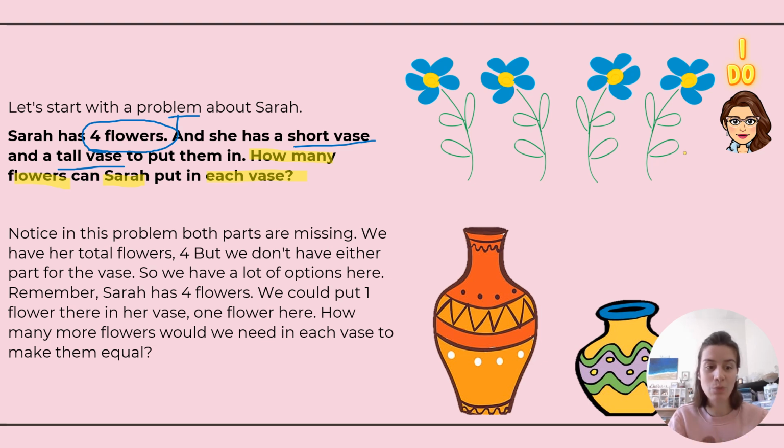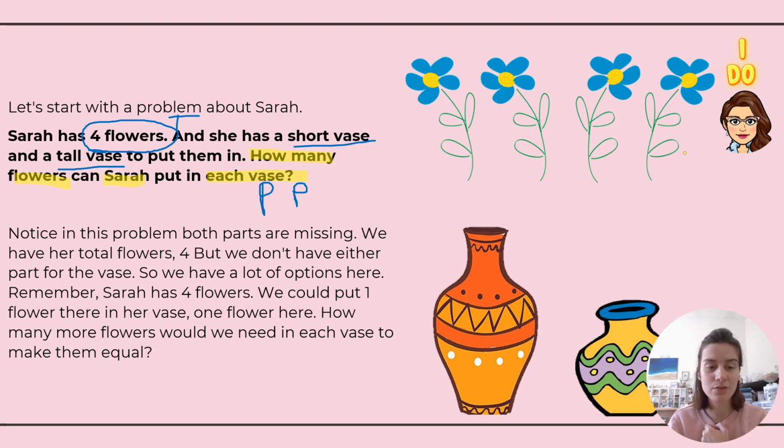But we don't have either part for the vase, but we have a lot of options here. How many flowers can Sarah put in each vase? You can have multiple correct answers for this. So I'm trying to find both of my missing parts.